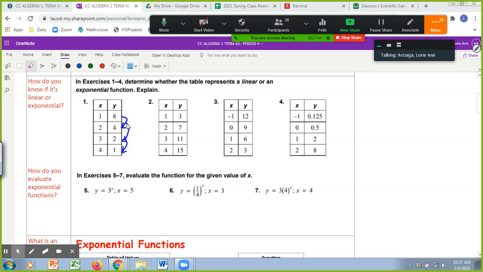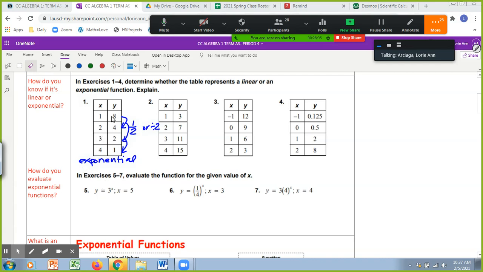All right, Henry. Nice one. So in other words, if you're dividing by 2, you're multiplying by 1/2, right? Since you're multiplying by 1/2 or dividing by 2, this is exponential. Now I'm going to include some fancy terms.